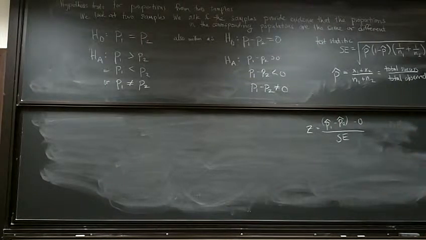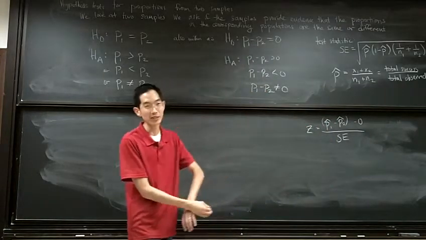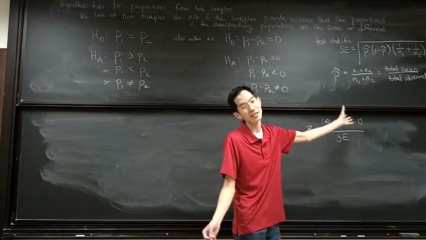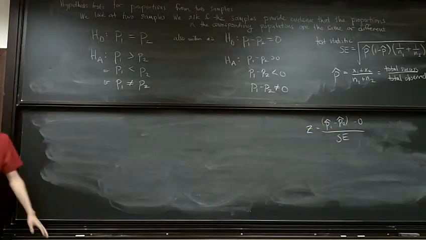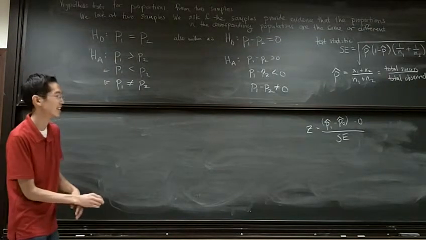Because it's supposed to be our observed difference minus our expected difference, and the expected difference under the null hypothesis is 0. In other situations, we would have a number there, but not in this class.